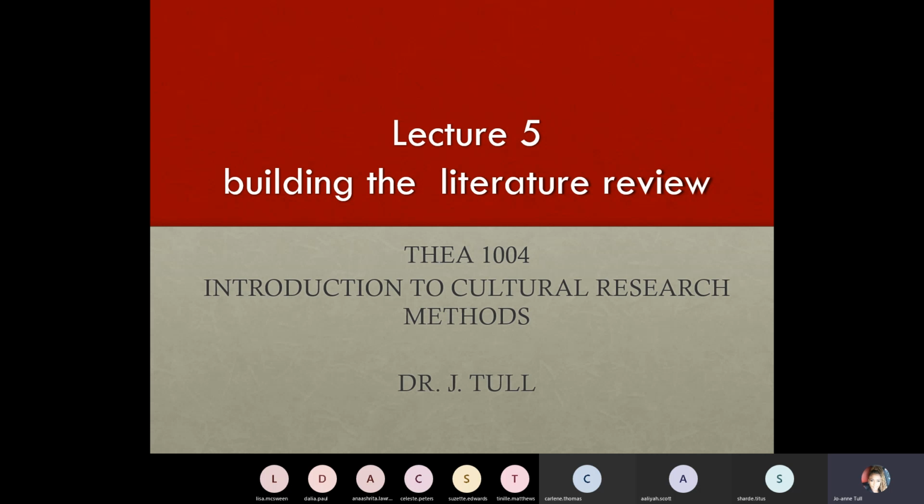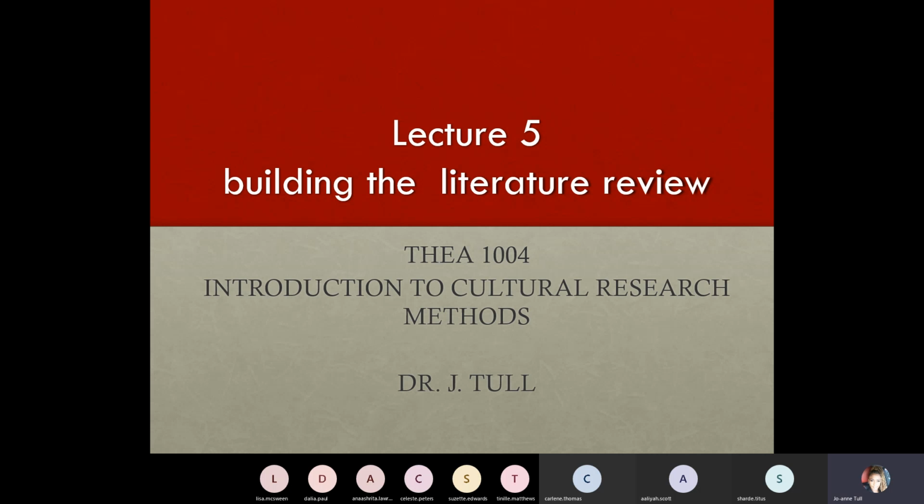Now, it is called building the literature review. In research, the literature review is just as the terminology says, a review. You may see it also referred to as a survey of literature.